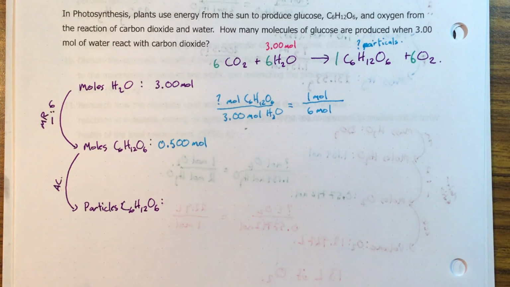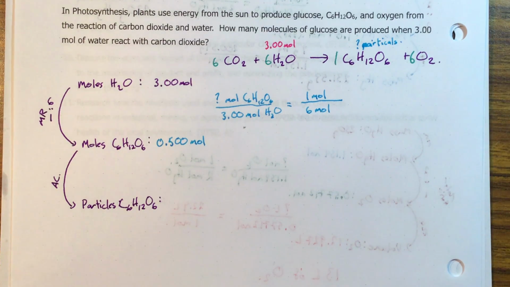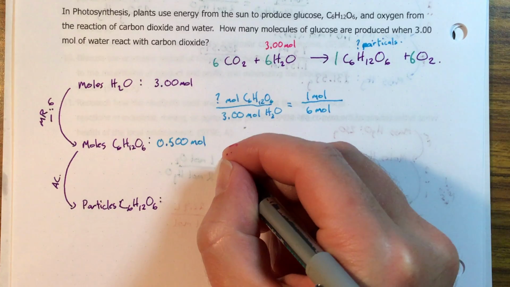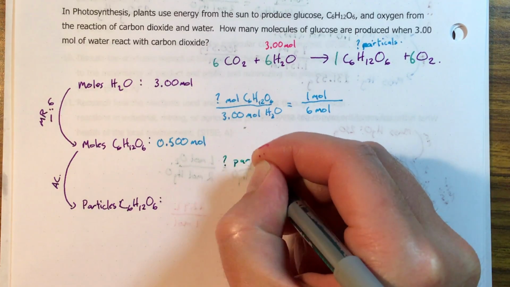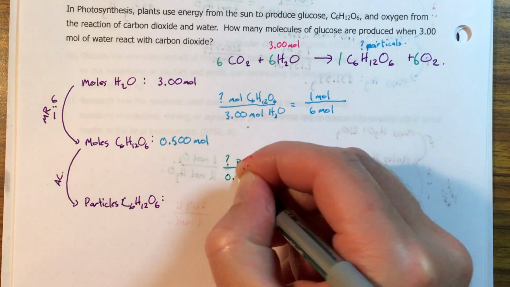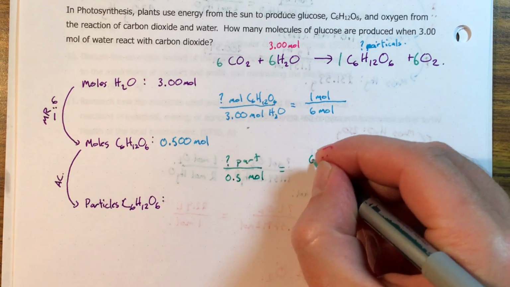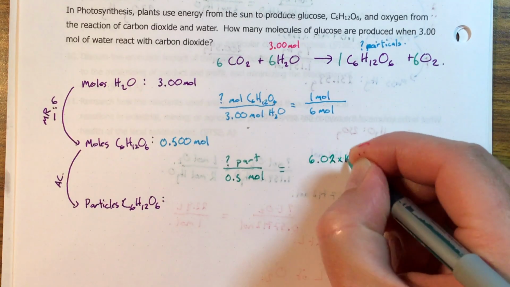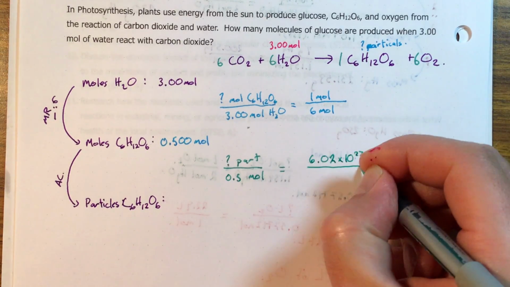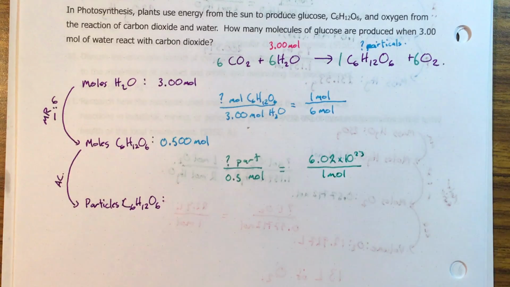Now we go to our particles of C6H12O6. And I write out how many particles will there be in half a mole if there are 6.02 times 10 to the 23 particles in 1 mole, Avogadro's constant.